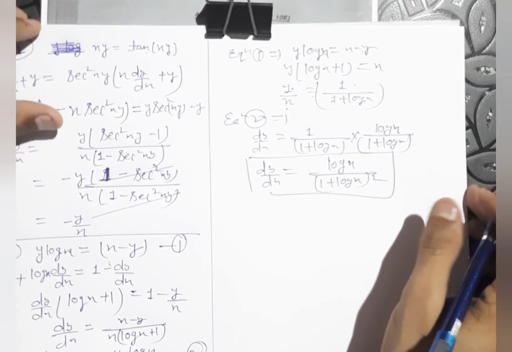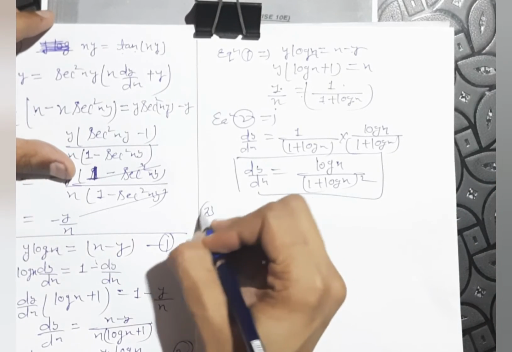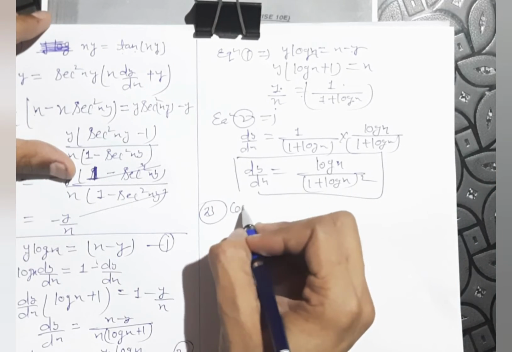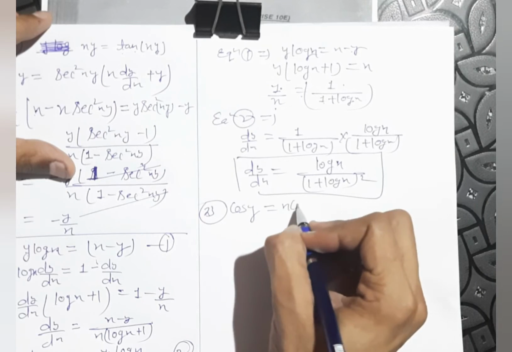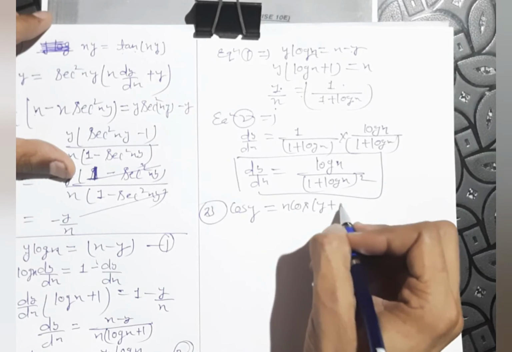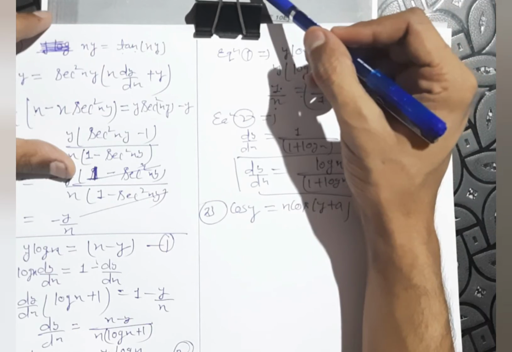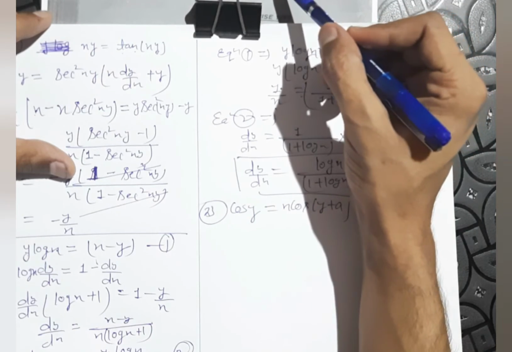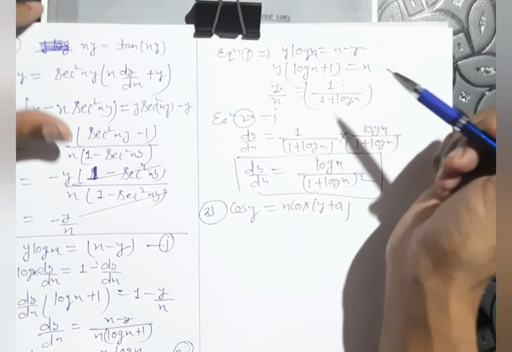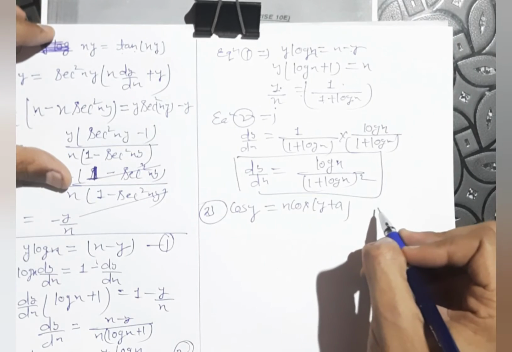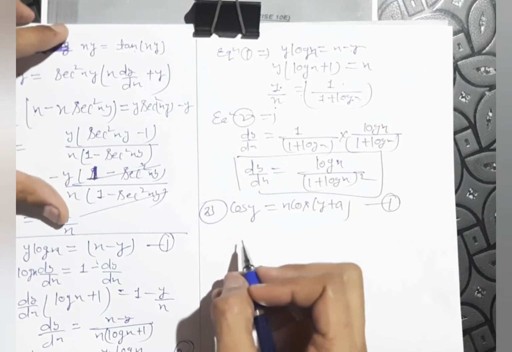Now let's do question number 23. So question number 23 is cos y = x cos(a + y), and prove that dy/dx equals cos²(a + y) divided by sin a. Okay, so let's say this equation is 1. Now let's differentiate cos y.